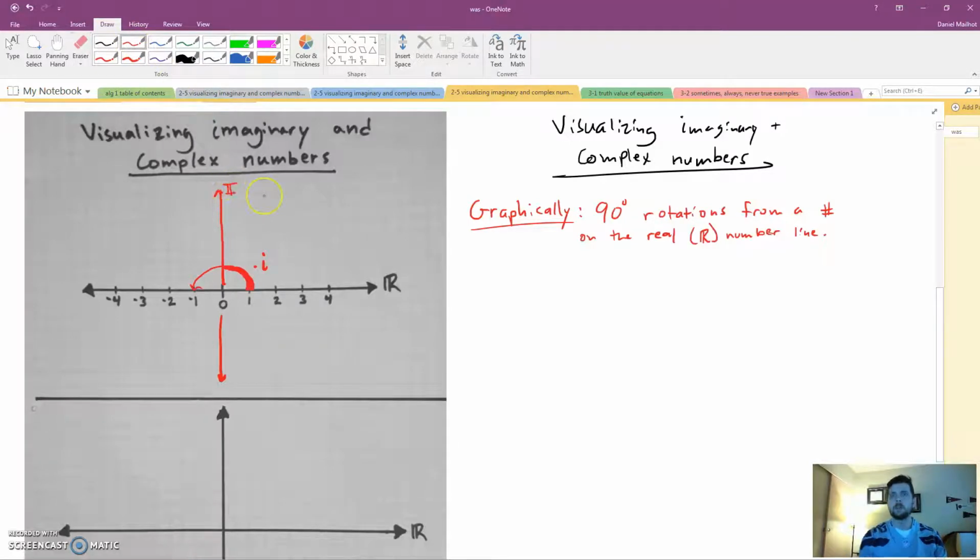Imaginary numbers. So if you multiply 1 by i, well, you get 1i. If you multiply, that needs to be lined up correctly, you get 1i. Like that.